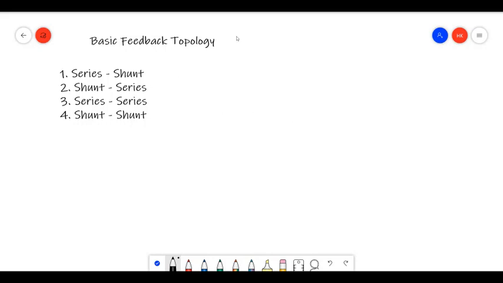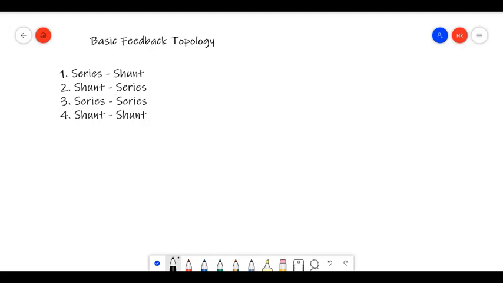Okay, so having known about the sampling and mixing of current and voltage, let's move to the basic feedback topology. There are four basic feedback topologies: series-shunt, shunt-series, series-series, and shunt-shunt.